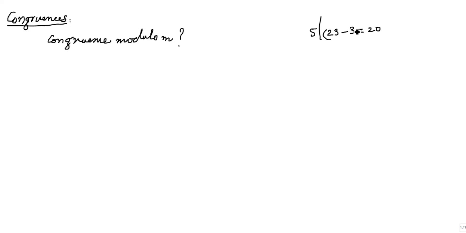So 5 divides 20, or 5 divides 23 minus 3. So we write here 23 congruent 3 modulo 5. Okay.